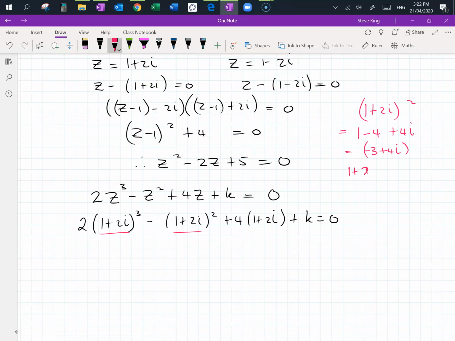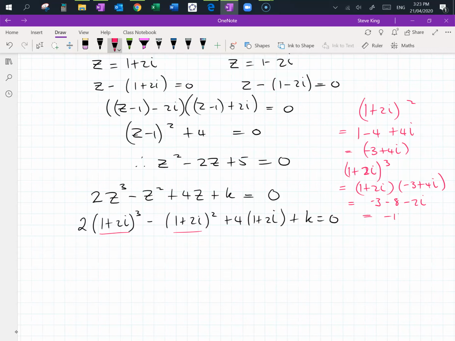(1 plus 2i) cubed is simply going to be (1 plus 2i) times (minus 3 plus 4i). If I multiply that out, I'm going to get minus 3, 8i squared, so it's going to be minus 8. And here I've got minus 6i, there I've got plus 4i, so it's going to be minus 2i.